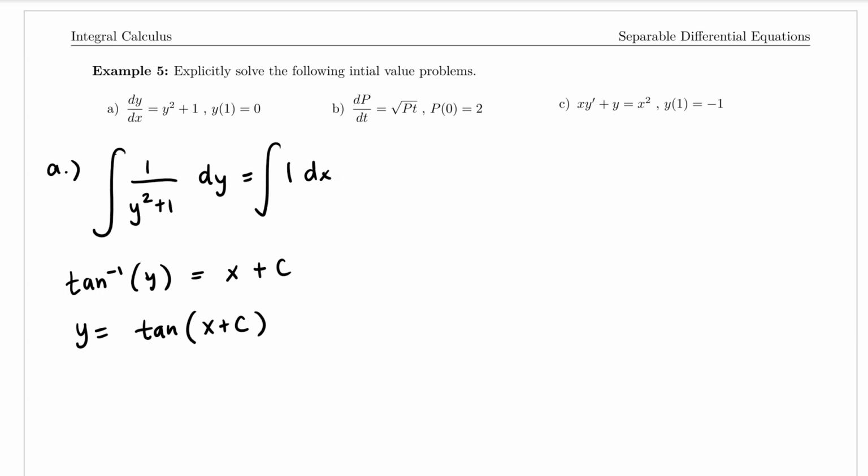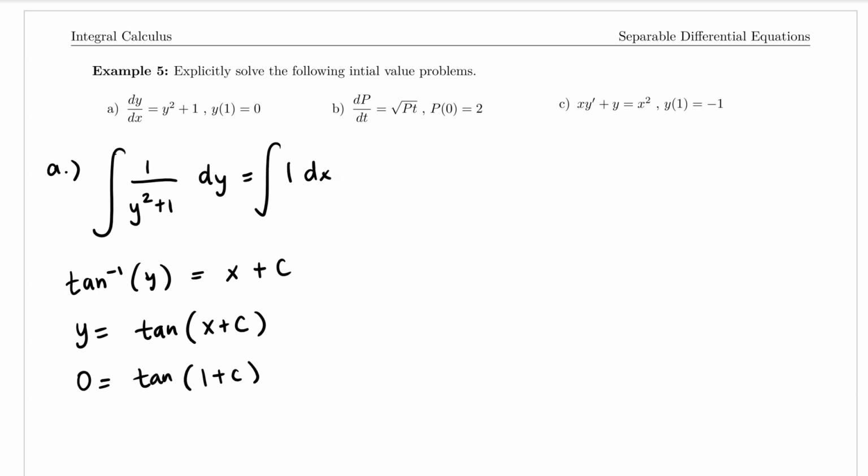All right, so now we're going to plug in our initial condition. We have 0 equals tangent of 1 plus c, and tangent equals 0 at many different locations since tangent is a periodic function. So I'm just going to think about the case where tangent of 0 is 0 at 0.